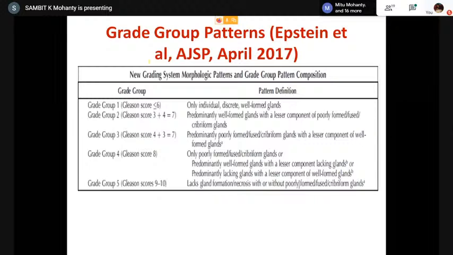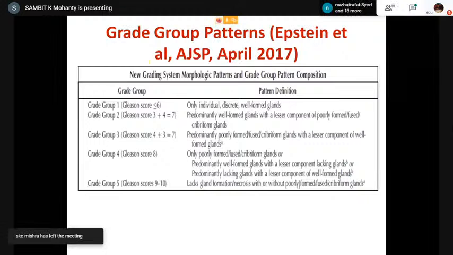Grade group 2 is Gleason score 3 plus 4, which equals 7. So you see predominantly well-formed glands forming 3, with a lesser component of poorly formed or incompletely formed, fused, or cribriform glands. Most likely they're not juxtaposed to the well-formed glands, but a little away or in a different pole.